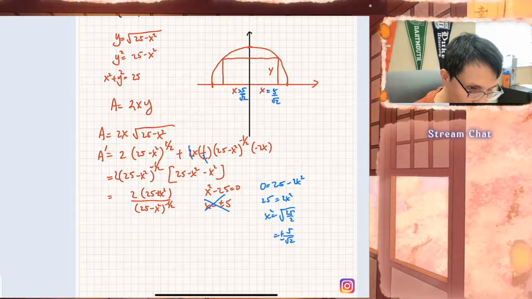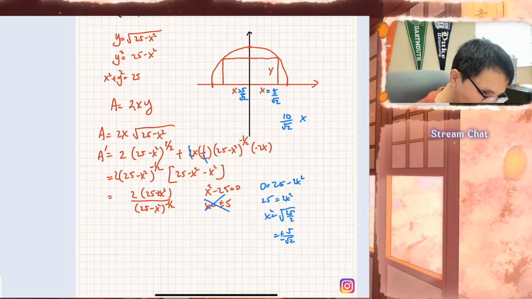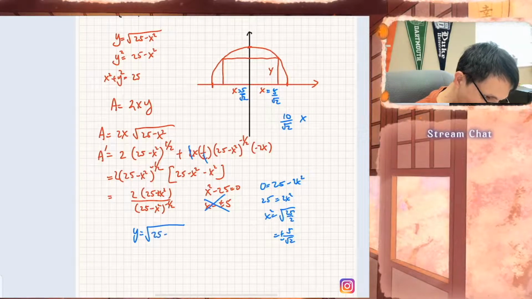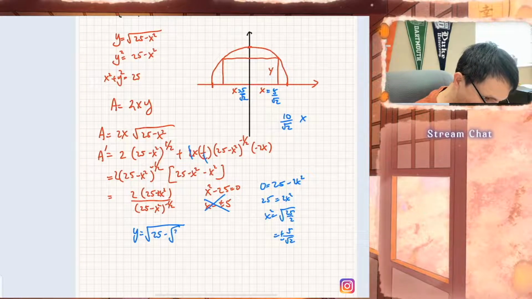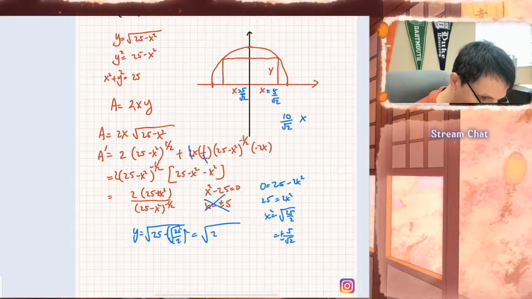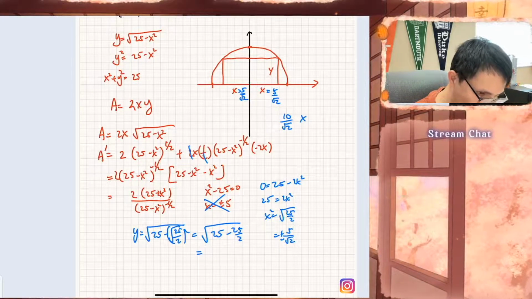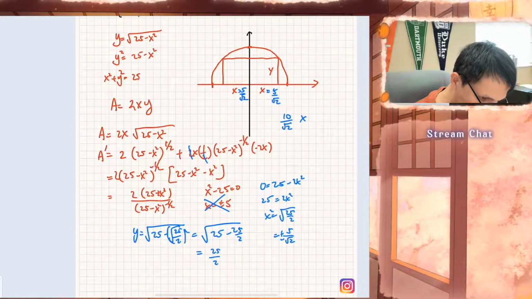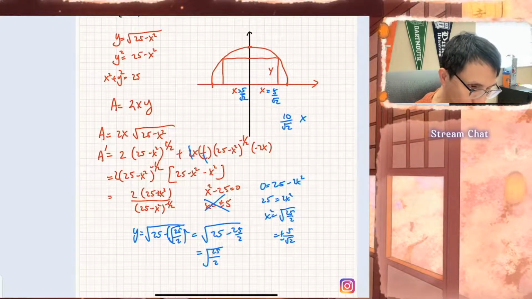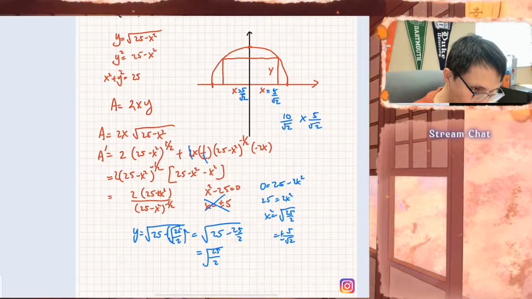You have to plug in, so y is equal to 25 minus 25 over 2, which is equal to 25 over 2. So that's equal to 5 over square root 2.